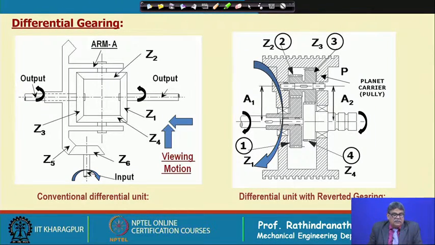I mean the overall reduction ratio is simply Z5 by Z6, maybe 5 to 6 only, and while one is kept fixed, the other one will rotate at that speed ratio. Whereas in the case of reverted gearing, we will get huge reduction, and in comparison to Z4 to Z1, there is not much difference.